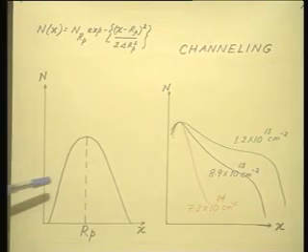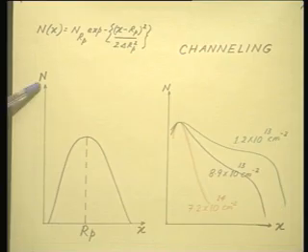It is a simple Gaussian function, n versus x. Look at the left side of the chart. A Gaussian is characterized by the exponential of x minus the peak position divided by the straggle. Okay, so that is what is going to happen.